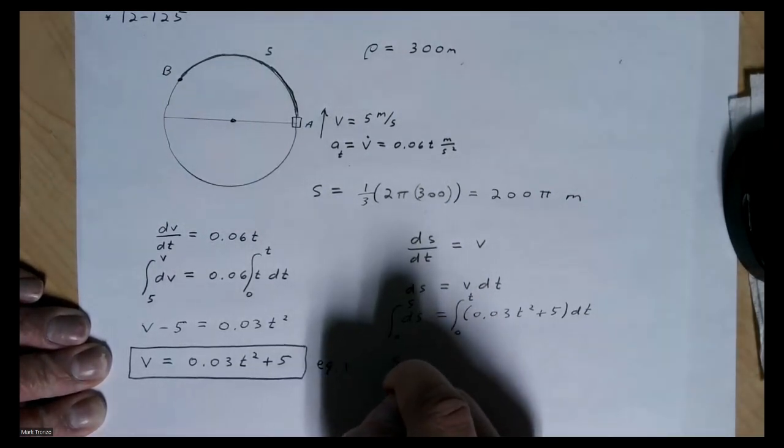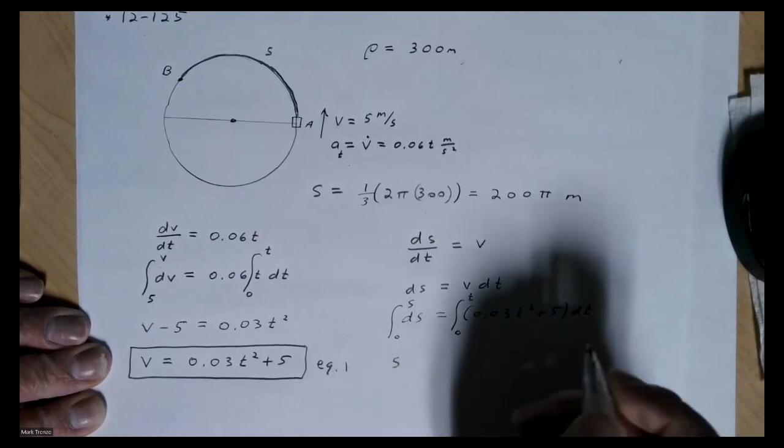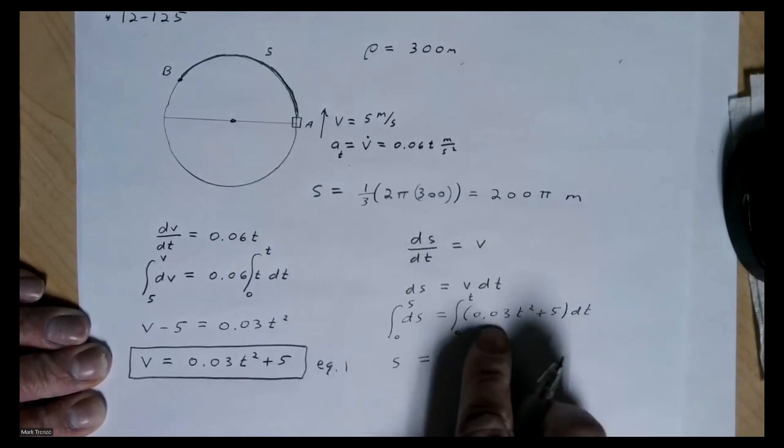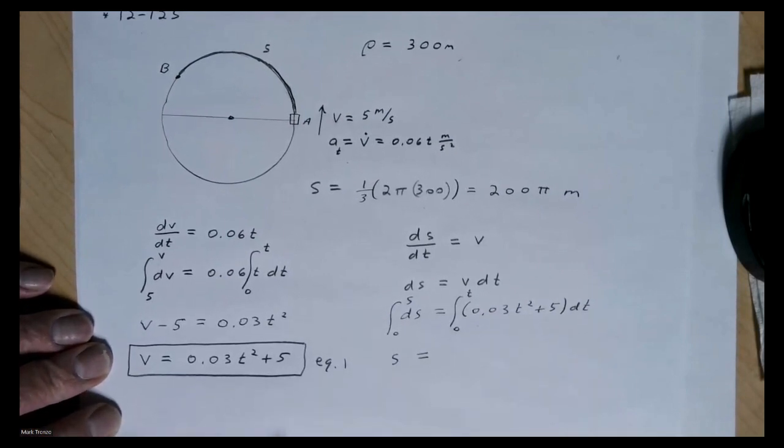Integrate this. The lower bound is going to be 0, so it'll be minus 0. And the right-hand side, we're going to get t cubed divided by 3.